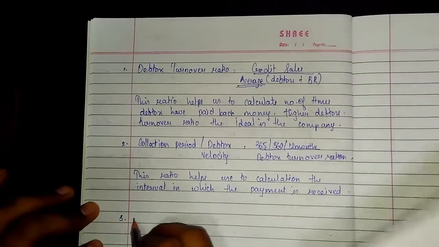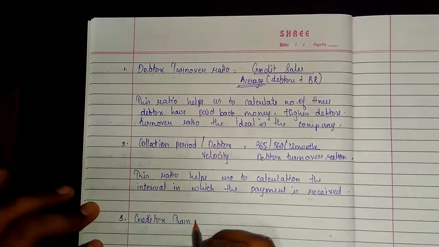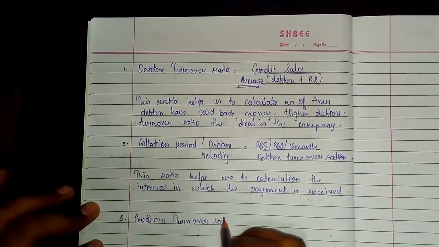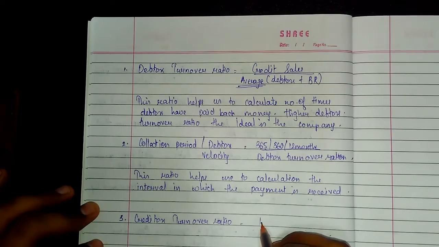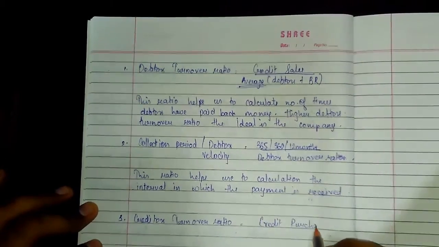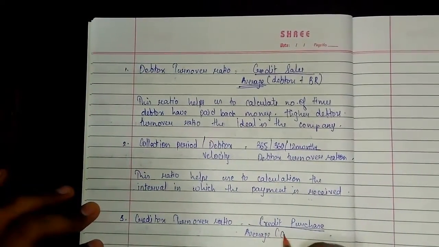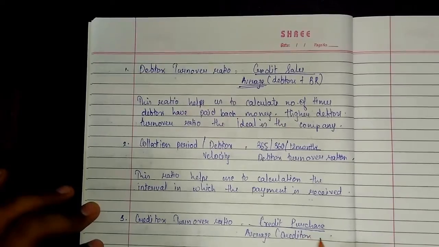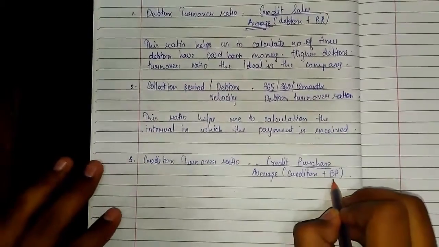Third formula is the creditors turnover ratio. Similarly, it will be credit purchase divided by average of creditors plus bills payable. Please write it in full form, bills payable.